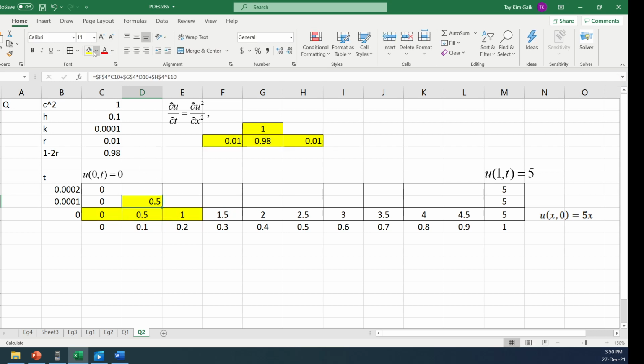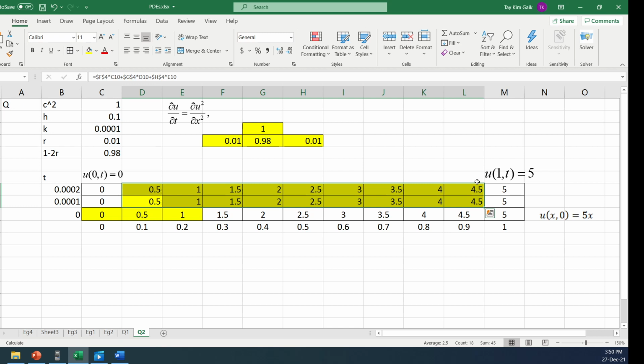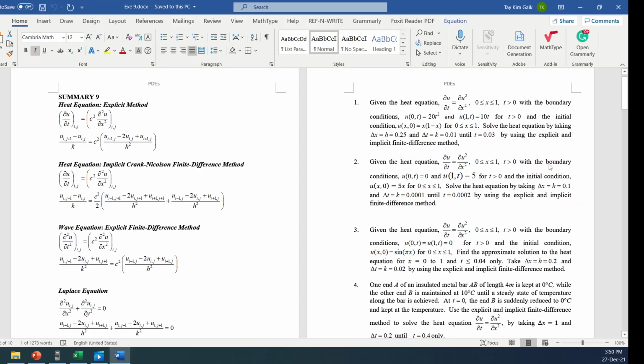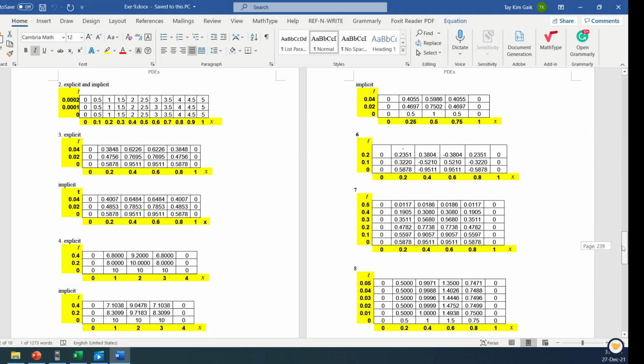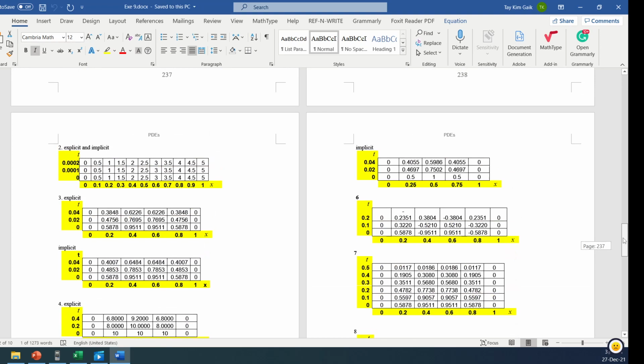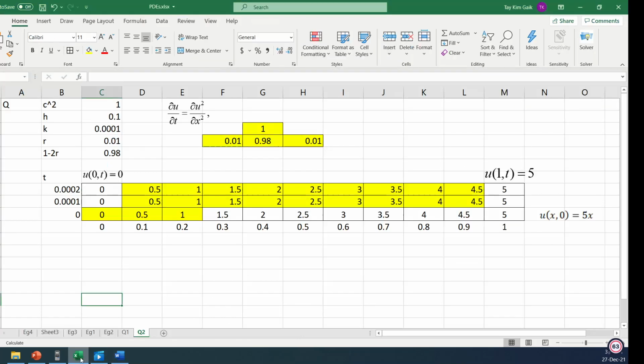Okay, and then you can copy it down. So this is the solution. Okay, all are the same. Let me check question number 2. Yes, number 2. So within a few minutes only, you obtain a solution for question 2 using the explicit finite difference method for solving the heat equation.